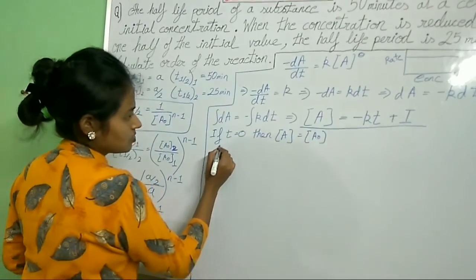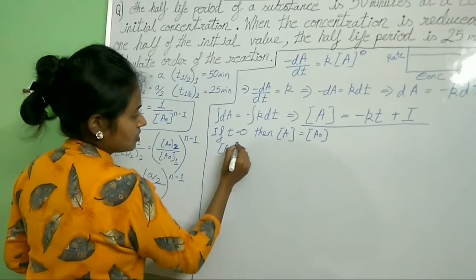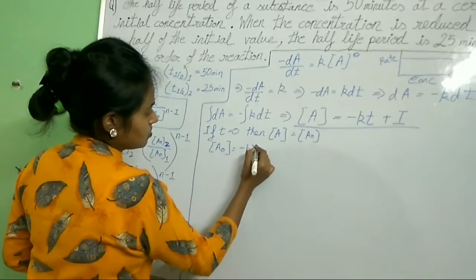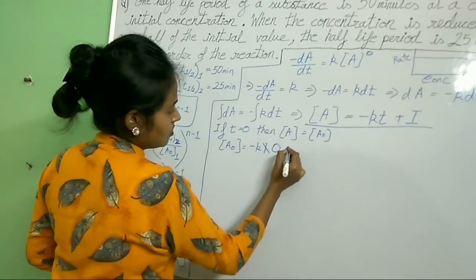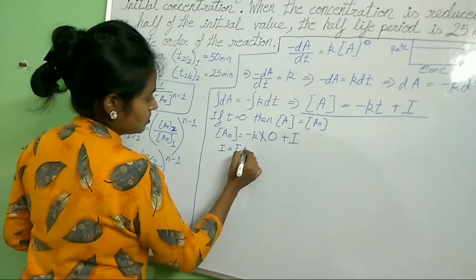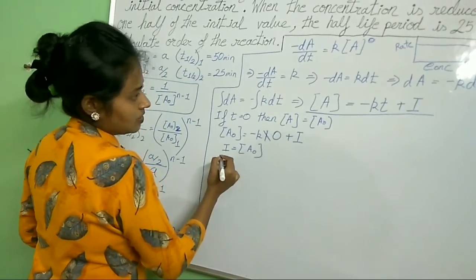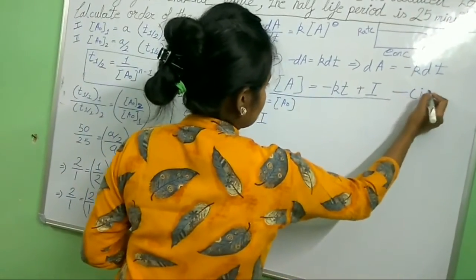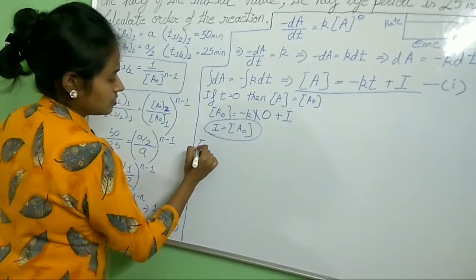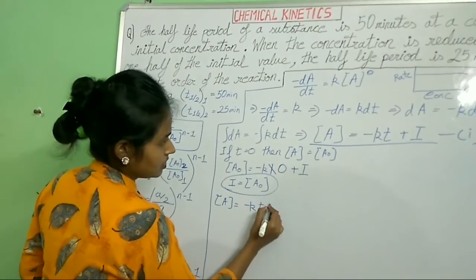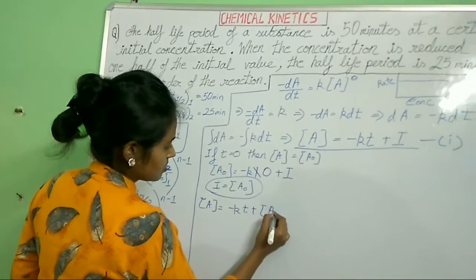So you can write this equation also as A naught equal to minus K into 0 plus I. So I will be equal to A naught. Okay. Now we put this value here in equation 1. Now what will happen? A equal to minus Kt plus A naught.